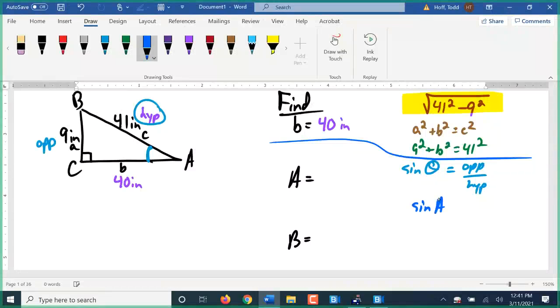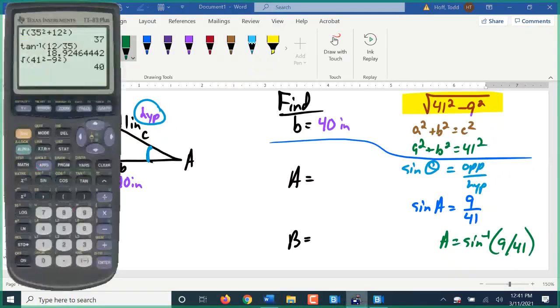It is angle A that we're looking for. The opposite side is 9. The hypotenuse is 41. So A is equal to the inverse sine of 9 over 41. Second sine, 9 divided by 41. 12.68 degrees.